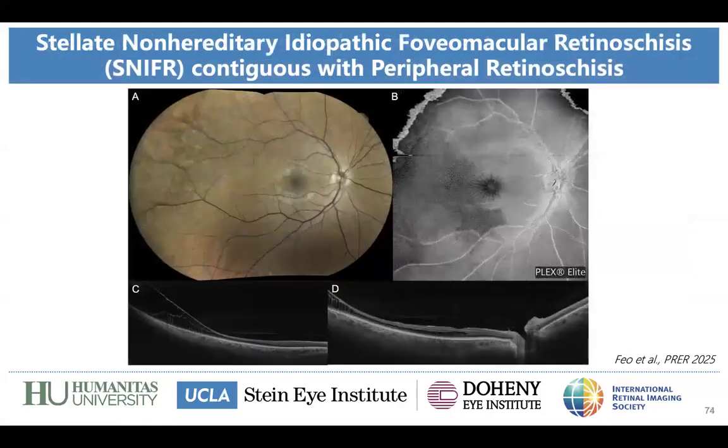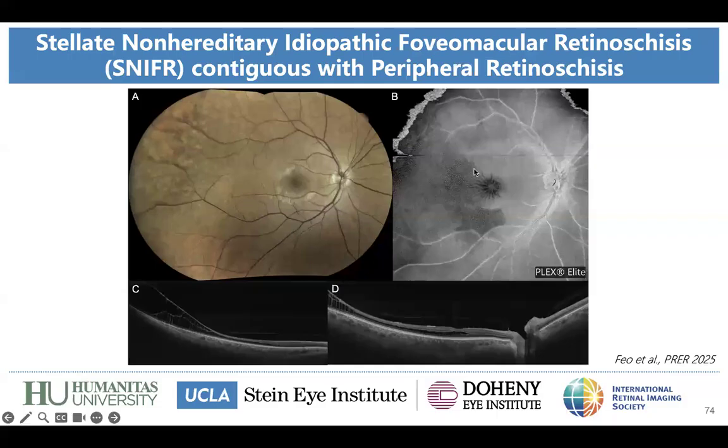Finally, and this is also to introduce the second original study of this presentation, of course, ANFAS-OCT can be very easily applied to visualize schisis, which can be idiopathic or can be, of course, secondary to tractional or other etiologies.